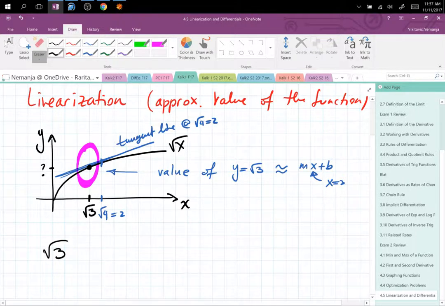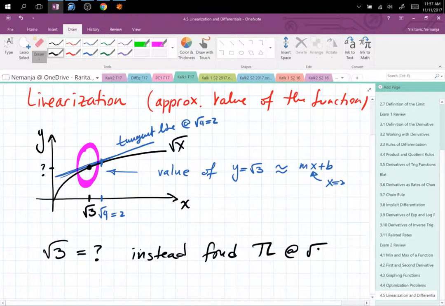So I want to compute square root of 3. Instead, find the tangent line at square root of 4. And then compute 3 in the tangent line rather than in the square root function.